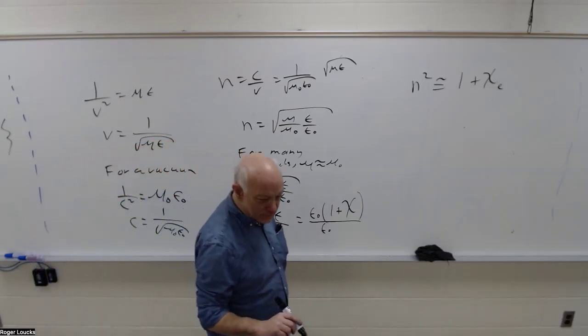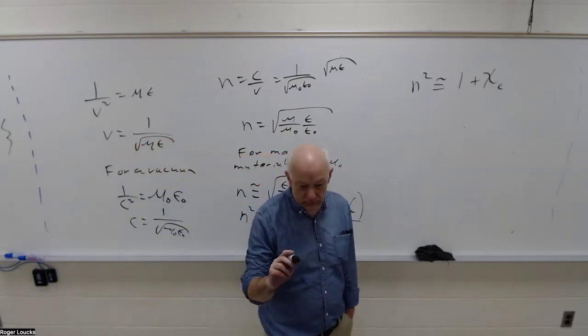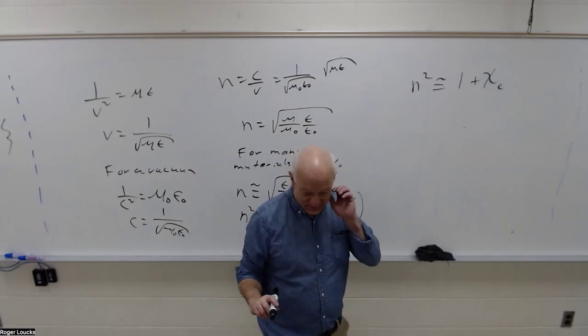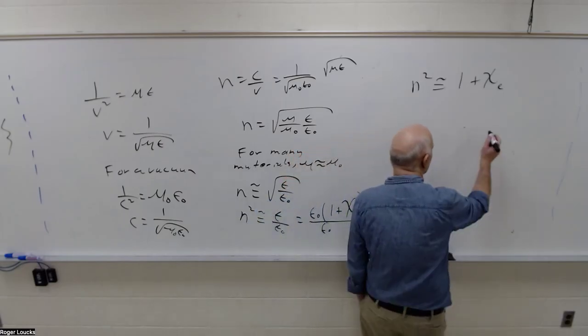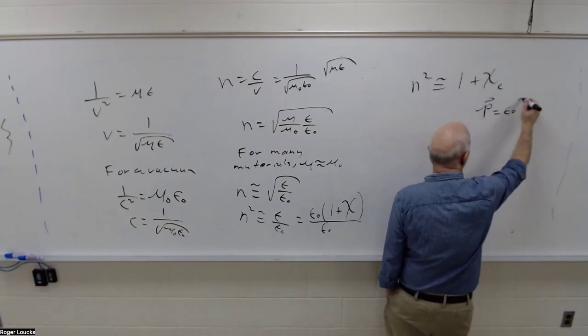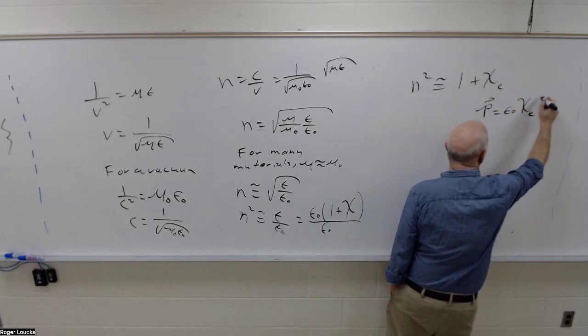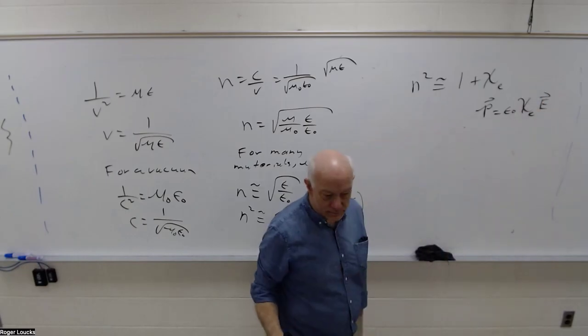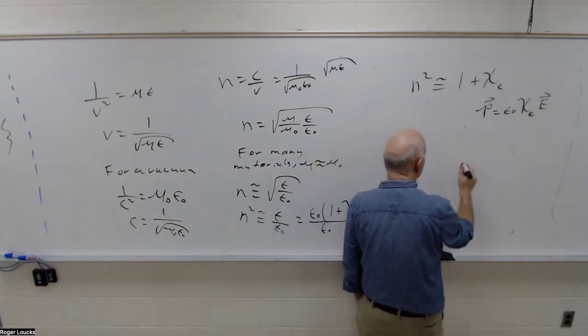It's close. Is it P over E? It's your polarization vector. Okay. P equals epsilon naught chi E times E, like that.